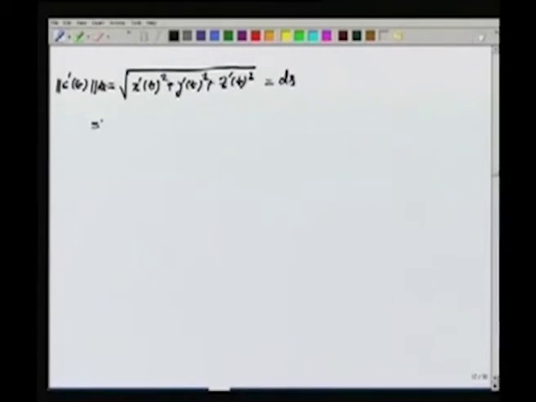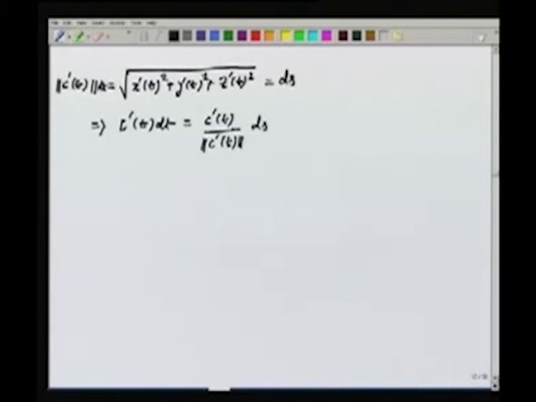So this implies that c prime t dt is c prime t by the norm of c prime t, ds. Correct? How did I get this?